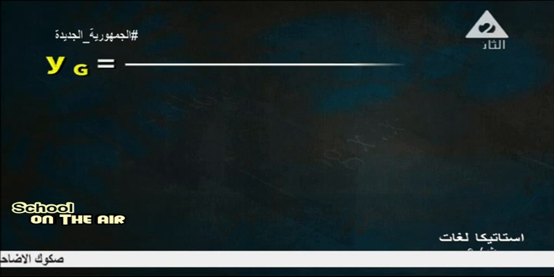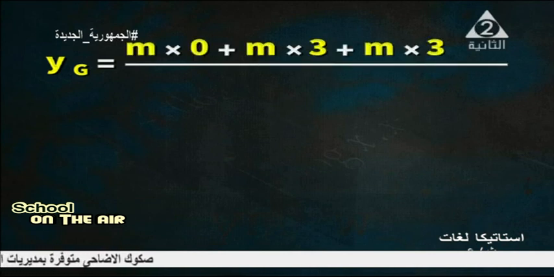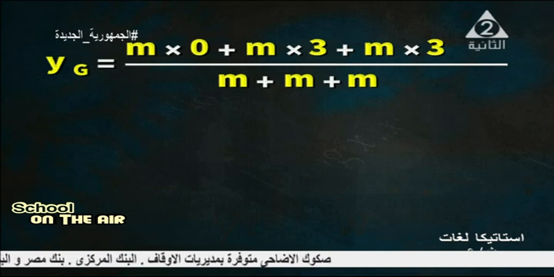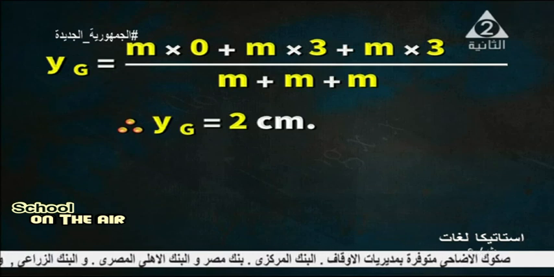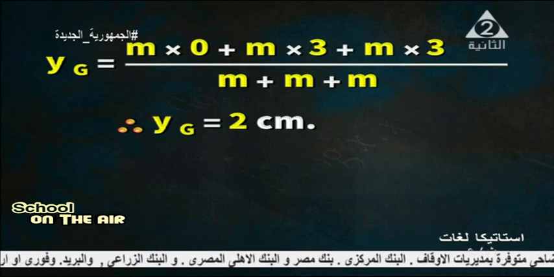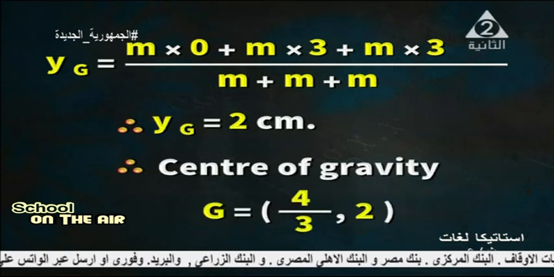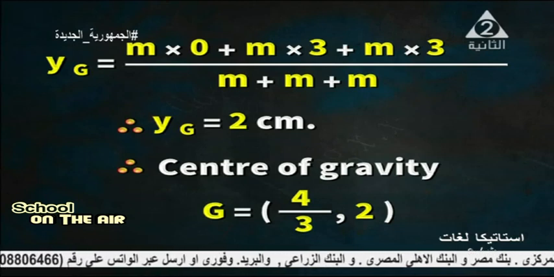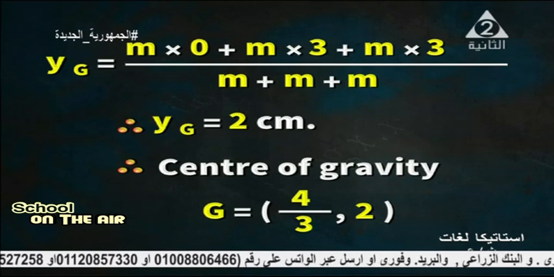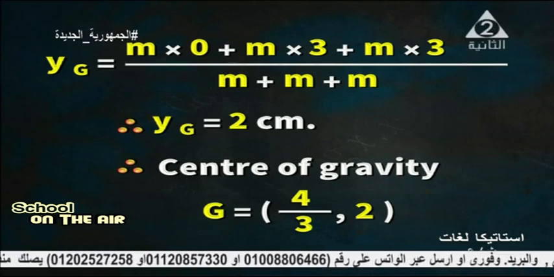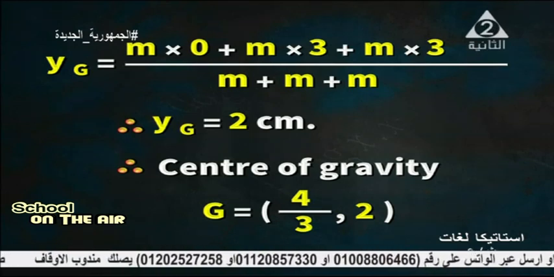By using the same method, YG equals M1 y1 plus M2 y2 plus M3 y3 over the summation of all masses, equals what? 2 centimeter. Then the center of gravity, its symbol G, is 4 over 3, 2. The first coordinate is 4 over 3, the second coordinate is 2.